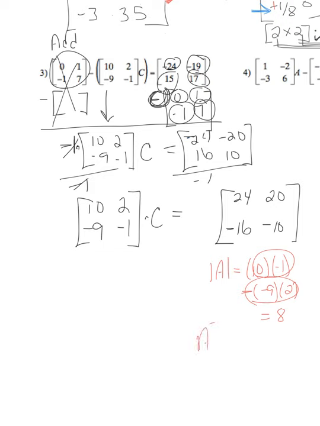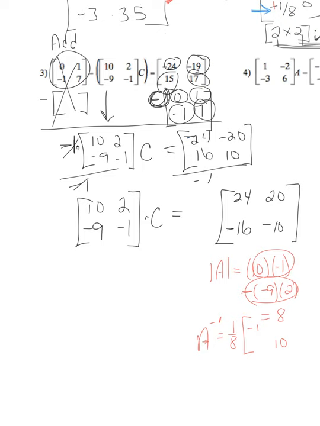So the inverse of A is 1/8 times the matrix. Okay, we've got to switch the order of these two. So that's going to put the -1 up here, positive 10 down here, and then we're going to negate these two.